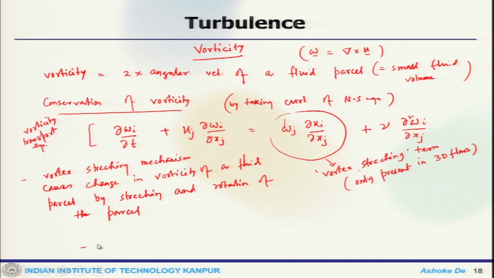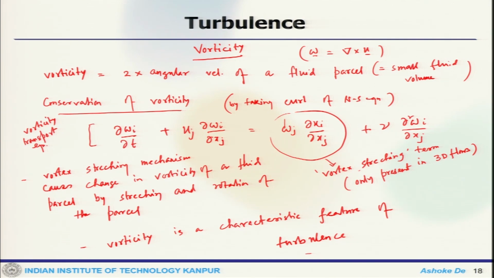So, one can think about vorticity in a global sense. This is a characteristic feature of turbulence. So, that is how we are looking at different aspects of this particular flow.